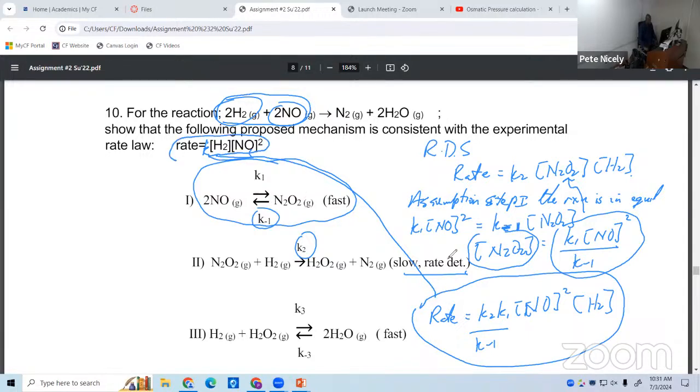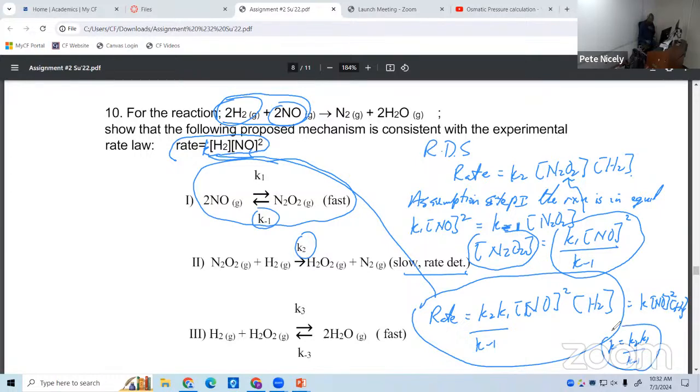So basically, all I'm going to say is that this is equal to K times the concentration of NO squared times the concentration of H2, where K is equal to K2 K1 over K minus 1.